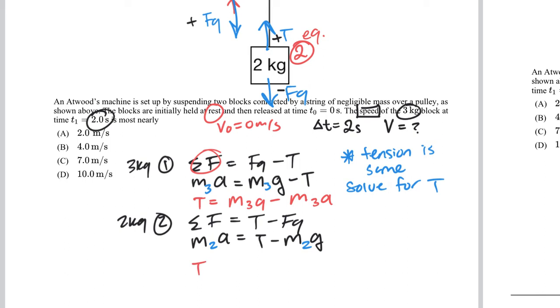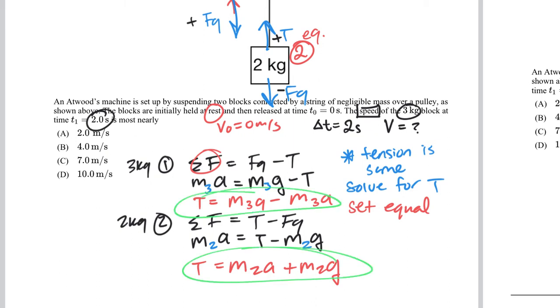And then for equation number 2, we have m2a plus m2g. So now I'm going to set these equal to each other. If I set them equal to each other, both of these equations are going to be equal to each other, and that's going to be m3g minus m3a.